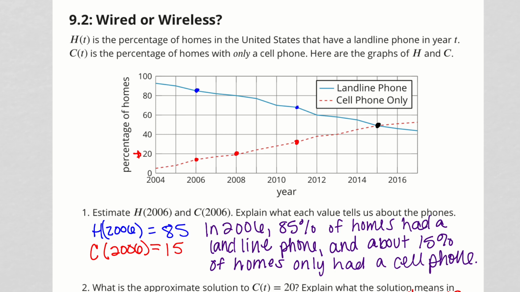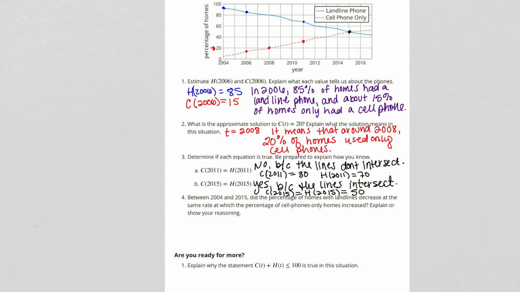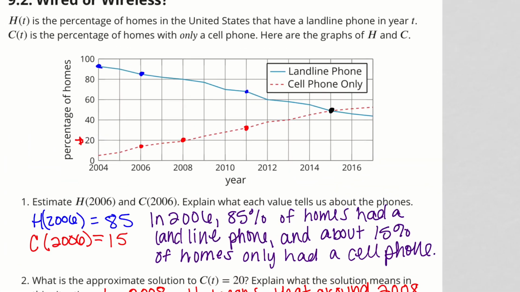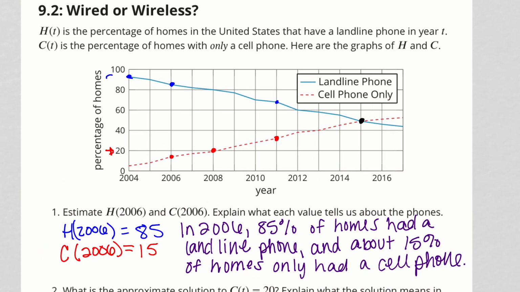Because if we look right here to 2015, that's what we're looking at on this one. Yeah, 2004 to 2015. So if we look from about 90, I think it's a little above 90%, let's say about 92% to about 50%.